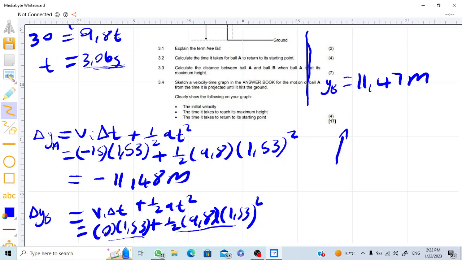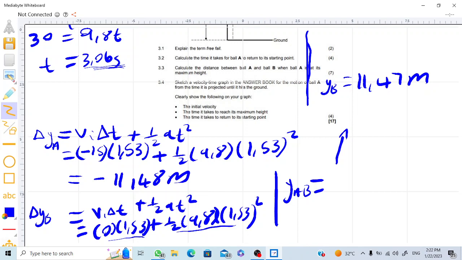Now if you want the distance, so YAB, the distance between ball A and B, is equals to the addition of the two. Okay, now how addition? You will take YB minus this one, which will be positive.